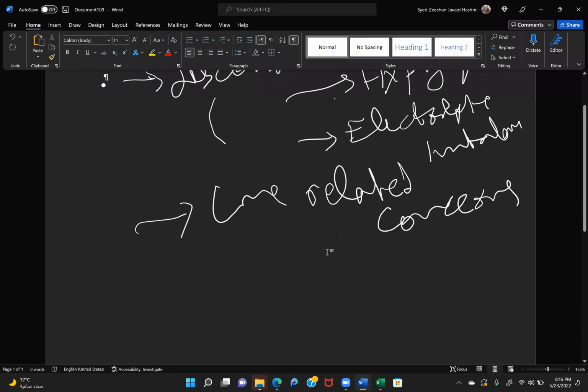And of course there are other concerns, because usually this will be an ICU patient, so there will be concerns related to infusions going on and careful shifting of the patient.